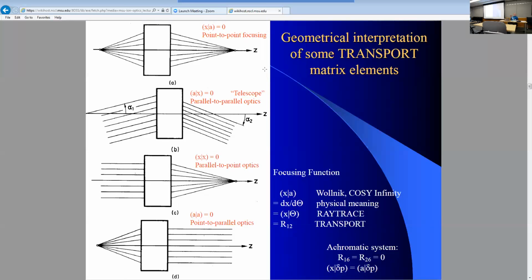Anyhow, in practical terms, it means if you have a parallel beam coming in and you want to make sure that it's parallel coming out, like in optics, you know why we build telescopes, to magnify the image. So then you need to make sure that this term AX is 0. Now, if you want to know under which conditions some other parameters play with it, then you take COSY and just run it and see what happens instead of looking here for a perfect definition.